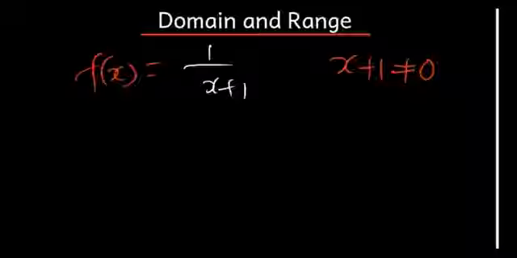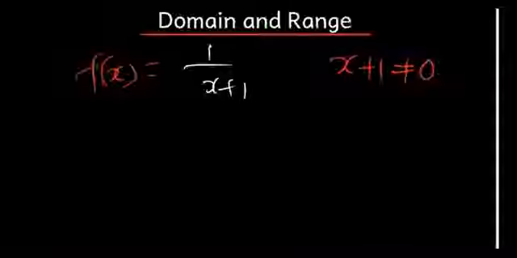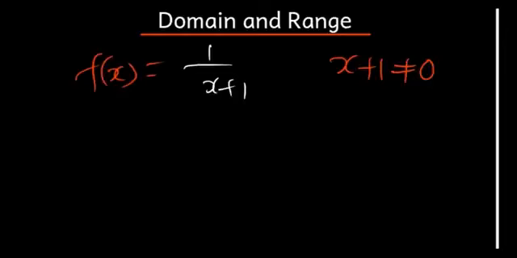Then solve for x. The value of x which we're going to find, that is going to be the domain. So in this case, it's going to be x not equal to 0 minus 1, x not equal to negative 1.